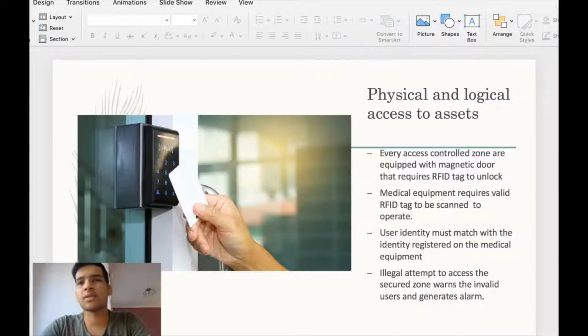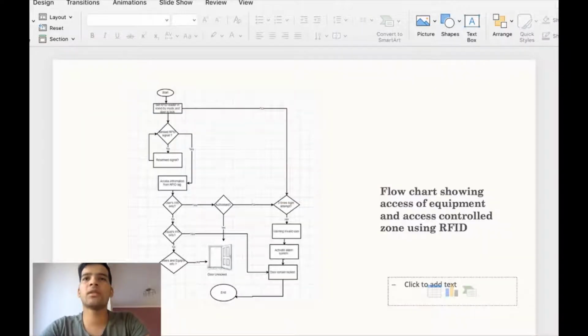And for extra security, illegal attempts by invalid users to access the laboratory, operation theaters, and other controlled access zones also generate an alarm and record the log events in the data server. Here the flowchart shows the access of equipment and access control zones in hospitals using RFID technology.